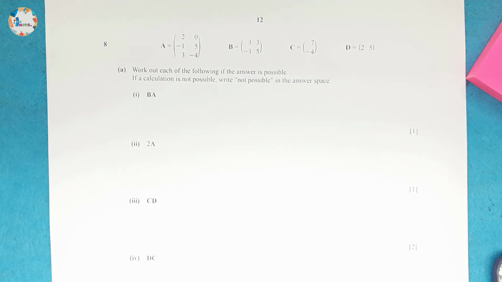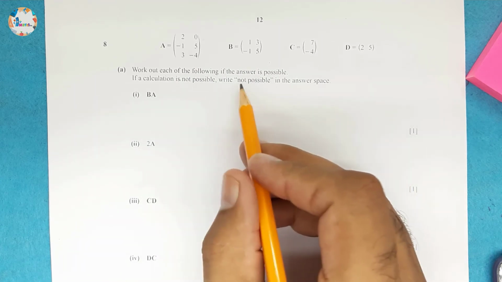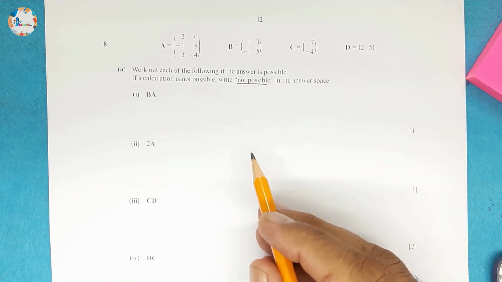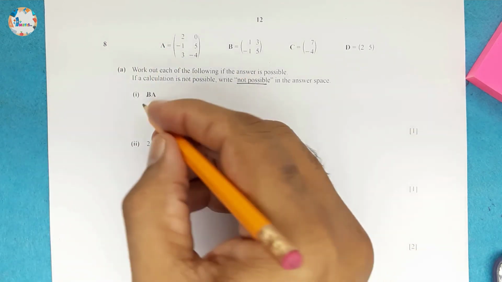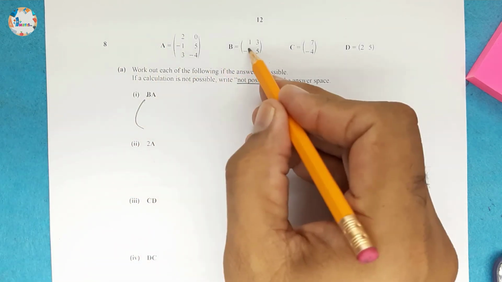Question number 8 is a matrices question, and they are saying work out each of the following if the answer is possible. If a calculation is not possible, we have to write not possible in the answer space. So BA, basically we will write B first.